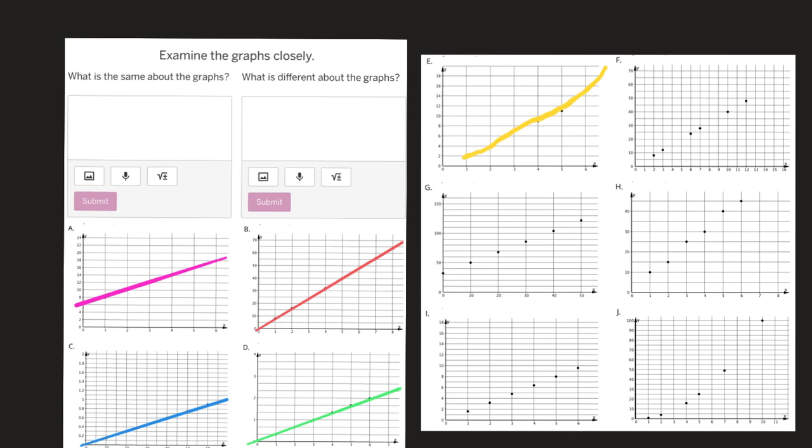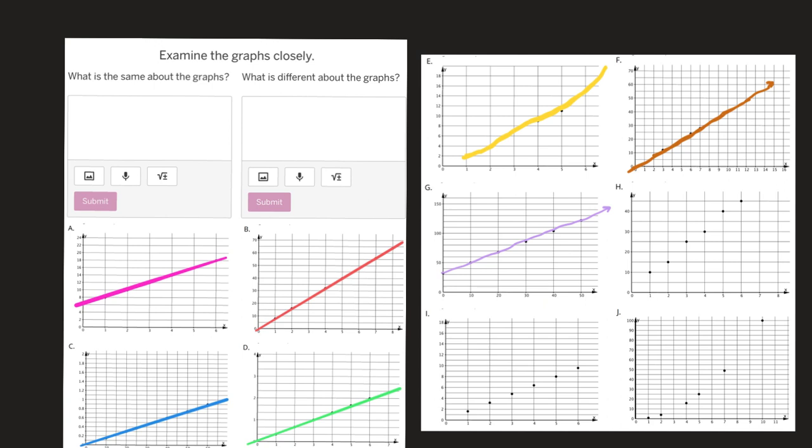So let's ditch our line for a sec here. I'm going to just connect the points because I think some things are going to happen here where they're not all going to be nice straight lines. Oh, I forgot to do F. We have those two. I think that one ended up being a straight line.